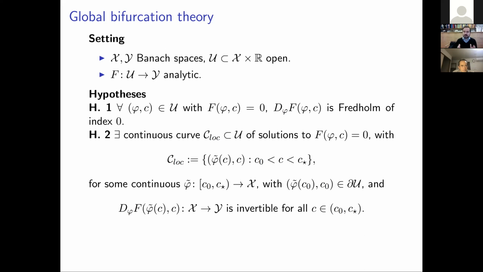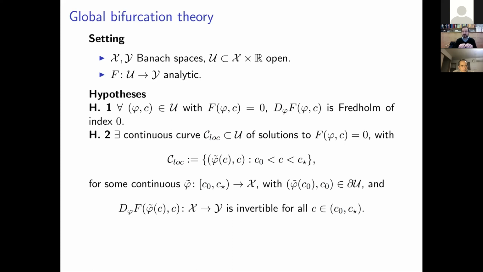If you look at periodic waves, you typically use compact embeddings, or in the most classical theory you're dealing with a compact perturbation of the identity. So you need some sort of compactness in the problem, and in many cases that comes from compact embeddings between Sobolev spaces or Hölder spaces.